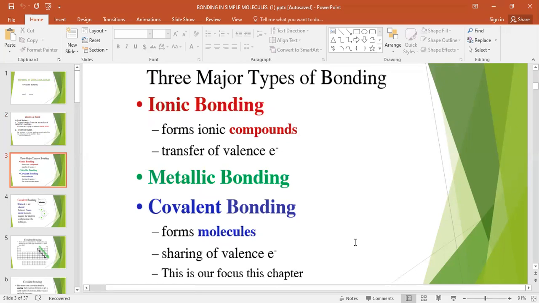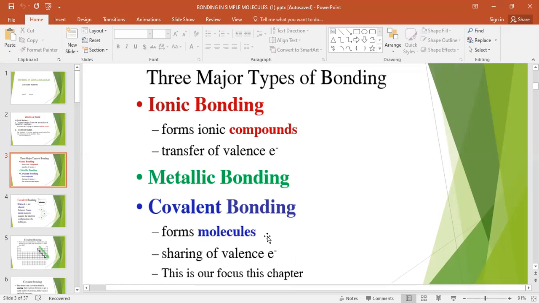What is the covalent bonding here? It forms a molecule. First thing, we cannot call them compounds. Whenever you use the word compound, it means which type of bonding? Ionic bond. Whenever you use the word molecule, it always comes as a result of sharing of electrons.